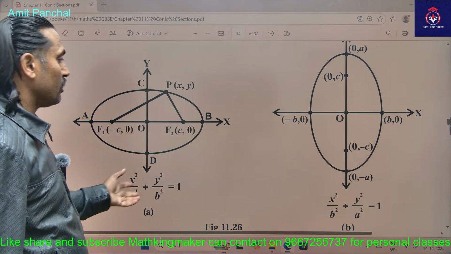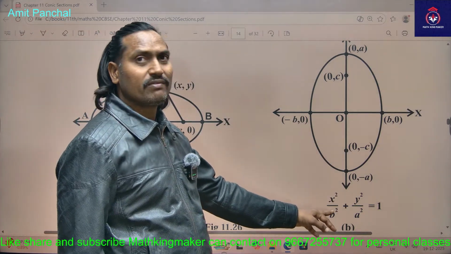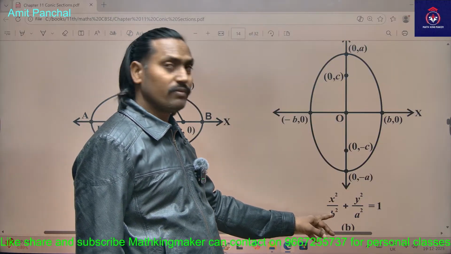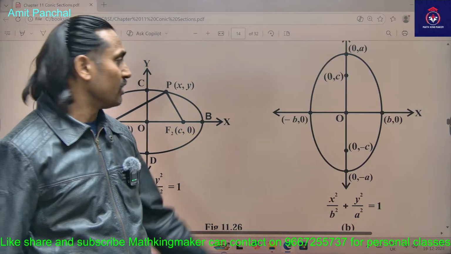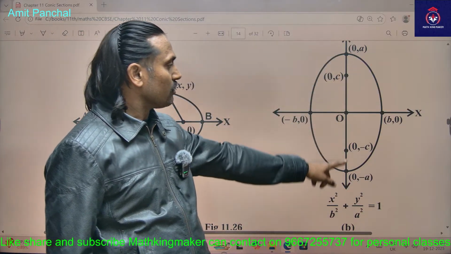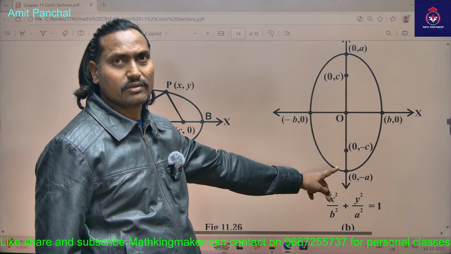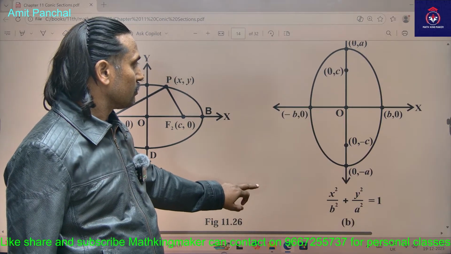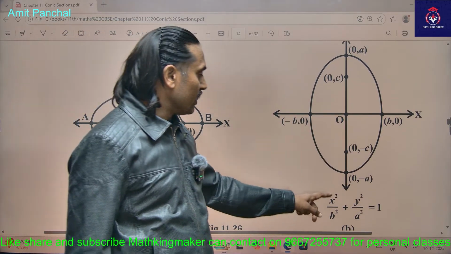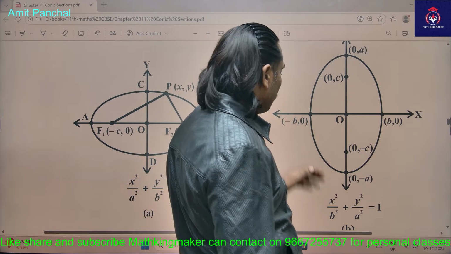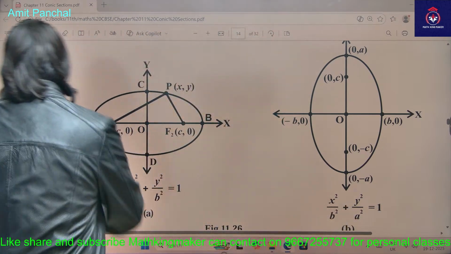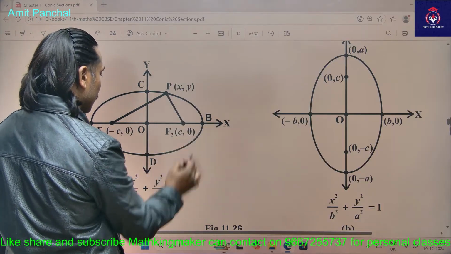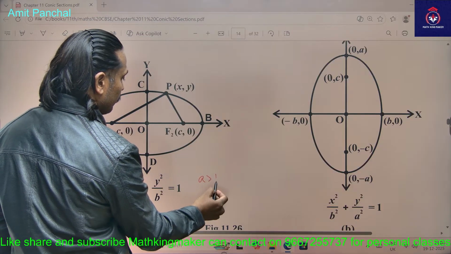Below x square we always write the square of the axis length along x. Here the major axis is the y-axis. So it will depend on what type of equation it is. In this scenario, A is greater than B.